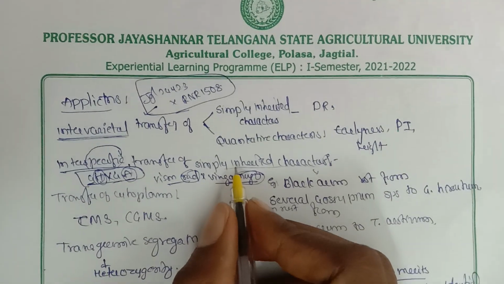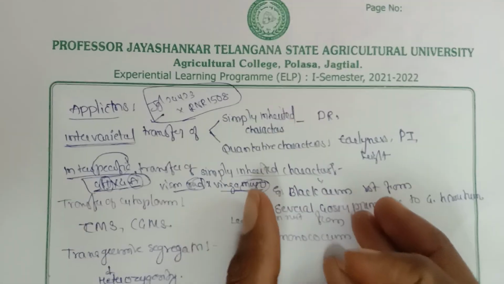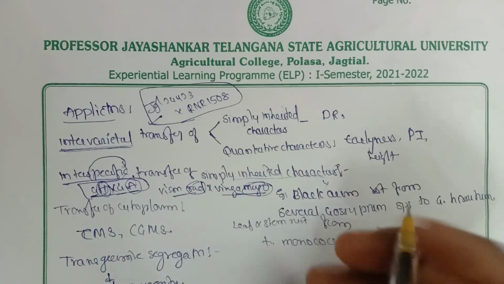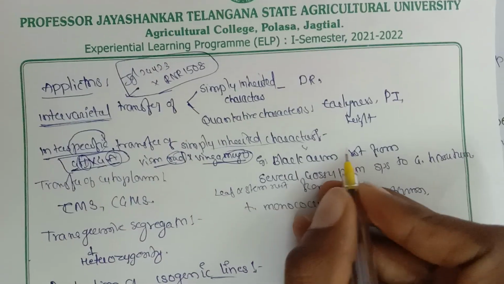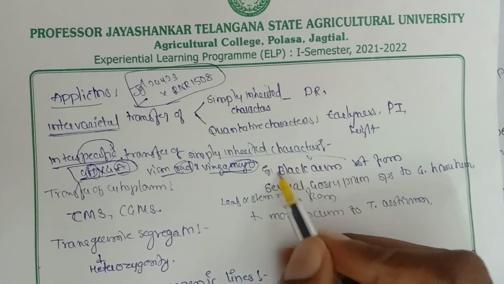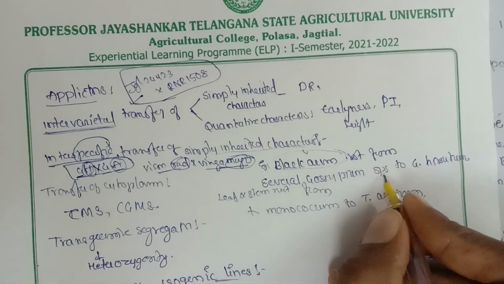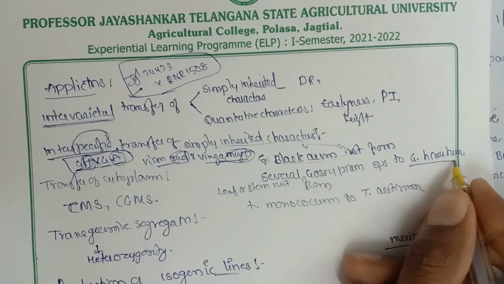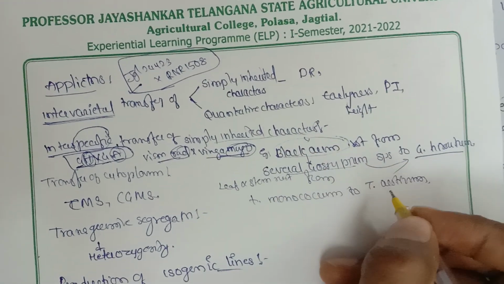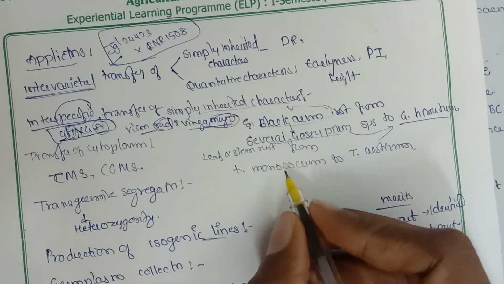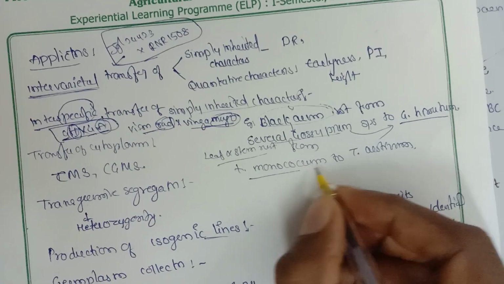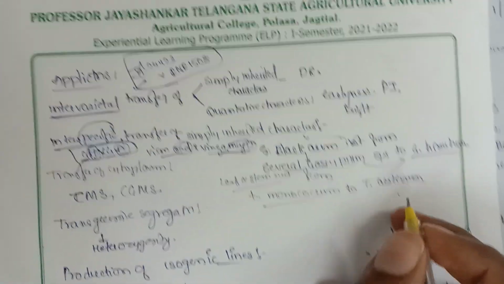Earlier I said that backcross is used for simply inherited characters with high expressivity. For example, for interspecific transfer of a simply inherited character, blackarm resistance in Gossypium species is transferred to Gossypium hirsutum. Several Gossypium species have blackarm resistance and it is transferred to Gossypium hirsutum. In wheat, leaf and stem rust resistance is transferred from Triticum monococcum to Triticum aestivum through the backcross method.